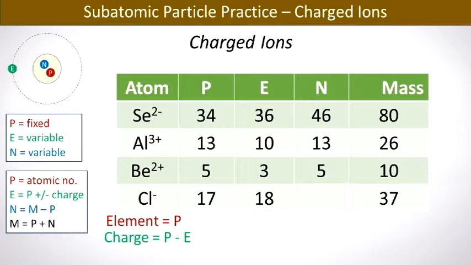Next, we want to determine the charge on chlorine. To do this, we subtract the protons minus the electrons to obtain a charge of -1. To determine the number of neutrons, we simply subtract the number of protons from the mass number to obtain 20.